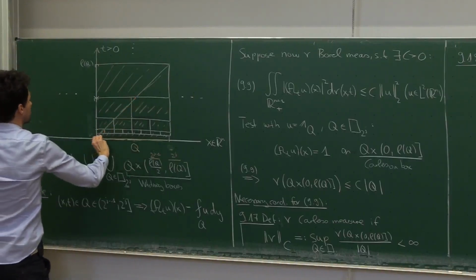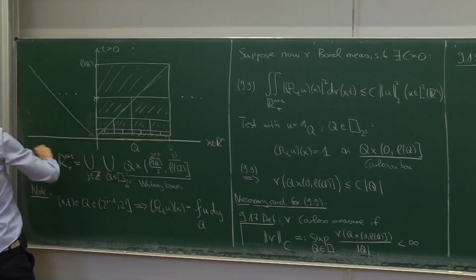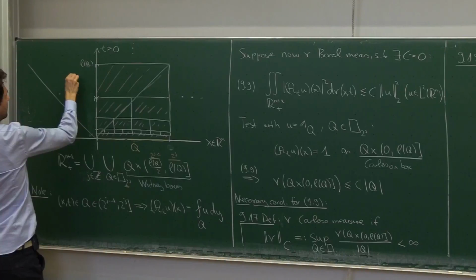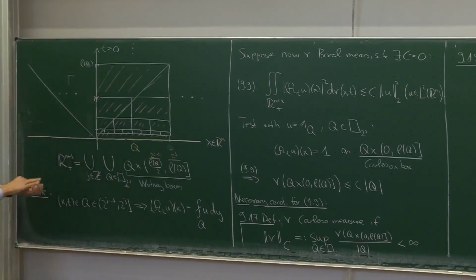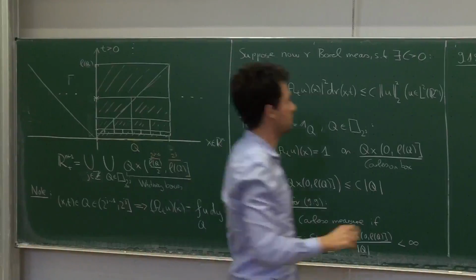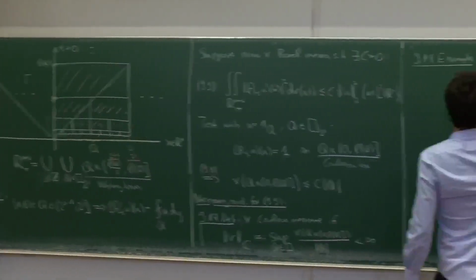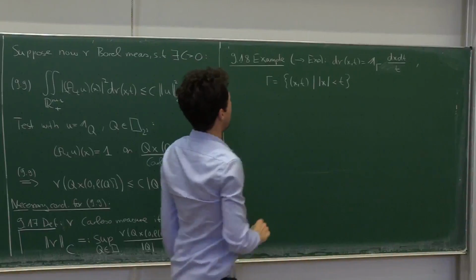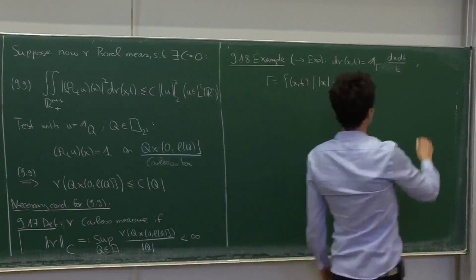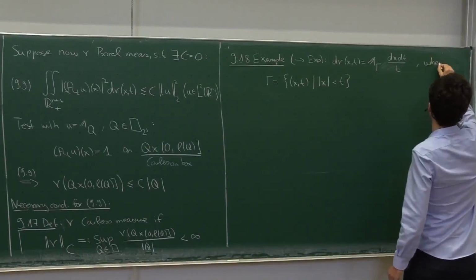It's a huge challenge making the diagonal correct. But this gamma is this conical set, all x,t with the property that x in absolute value is less than t. Okay, so that's one example of a Carlson measure.